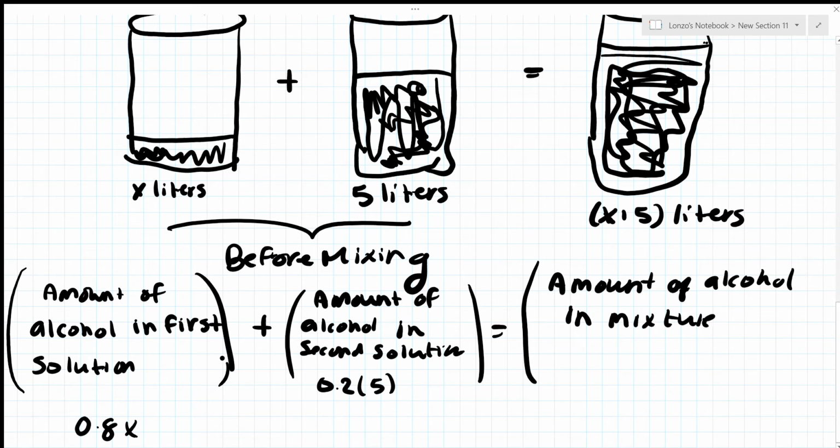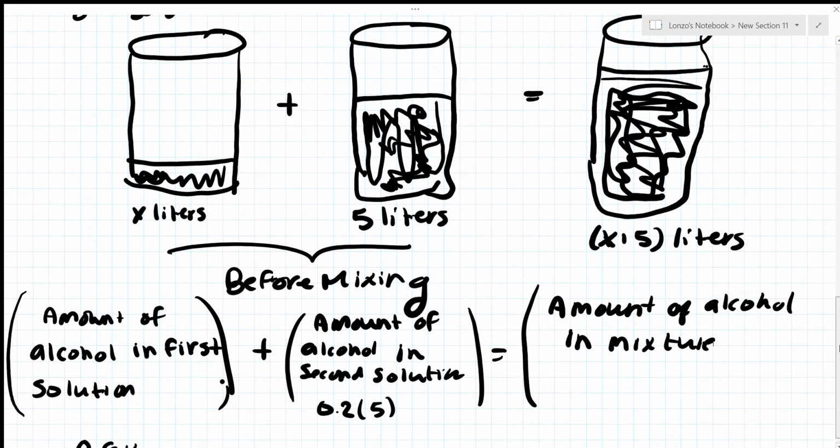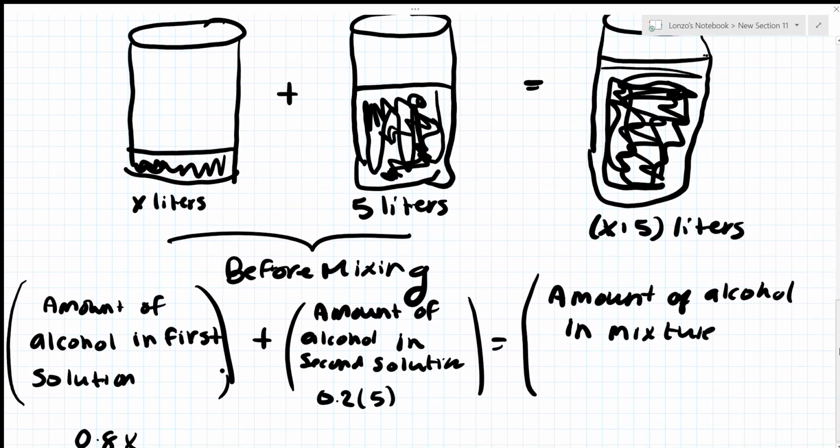So how much? 30%? Yeah, so it's 0.3 times x plus 5.